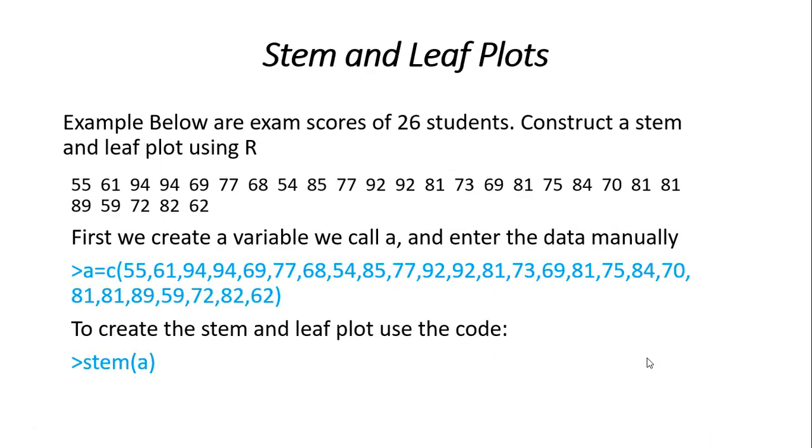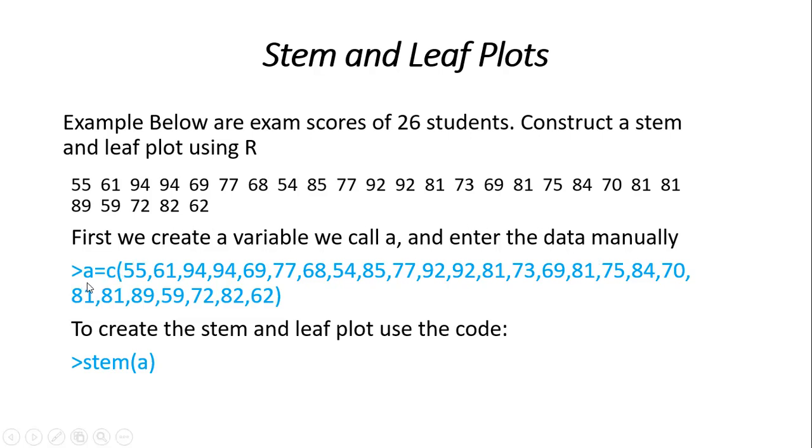R can also make stem and leaf plots. So to illustrate this, let's say we have exam scores of 26 students and we want to construct a stem and leaf plot in R. So you can see here's our data set. First, we'll create a variable that we will call A and enter the data manually, similar to what we just did in the previous slide.